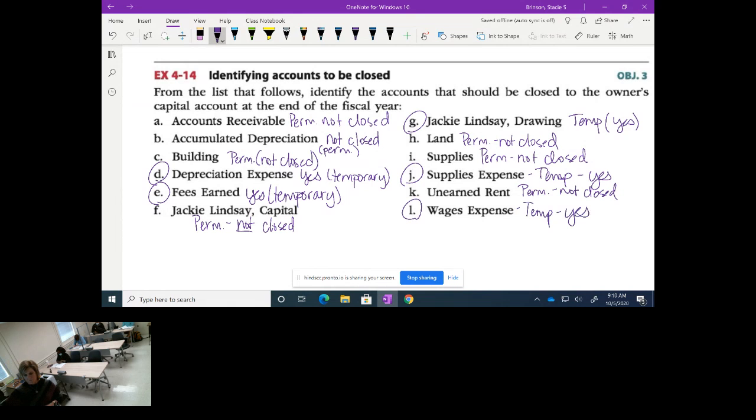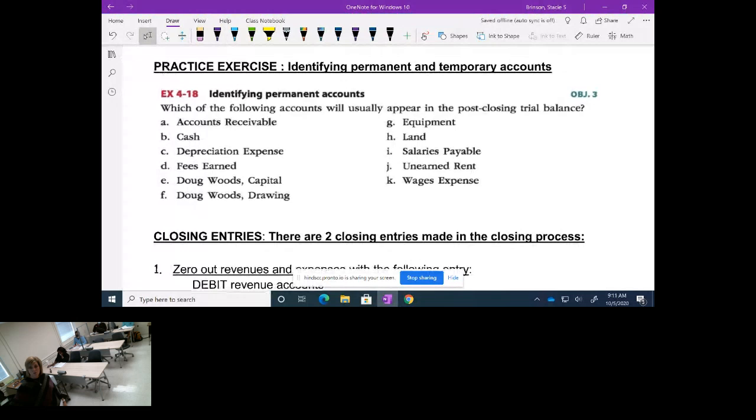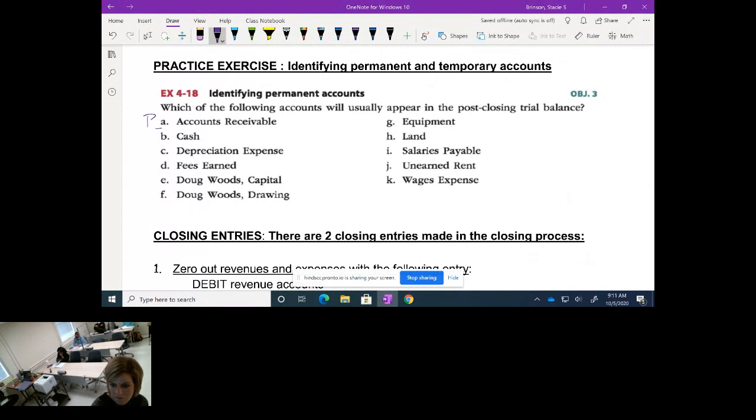All right. So another exercise: identifying permanent and temporary accounts. So let's go through the same thing. It's essentially the same thing. Good practice. So accounts receivable, is it permanent? Which ones are permanent? Accounts receivable is permanent.